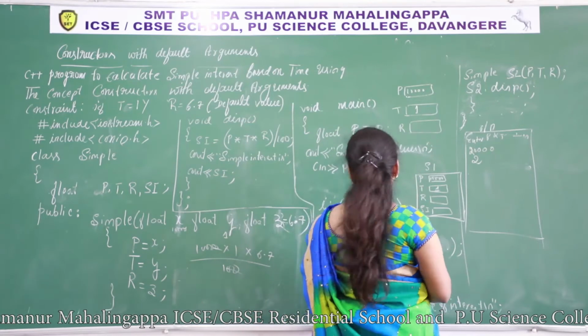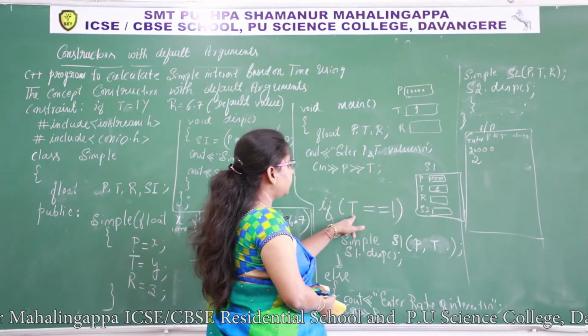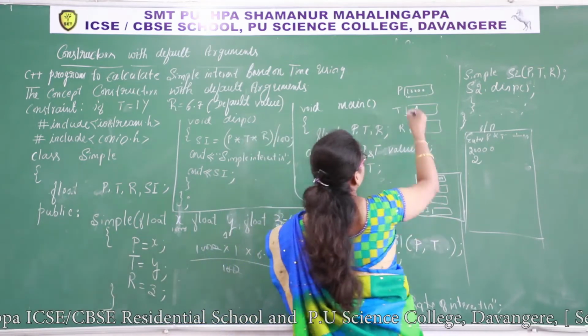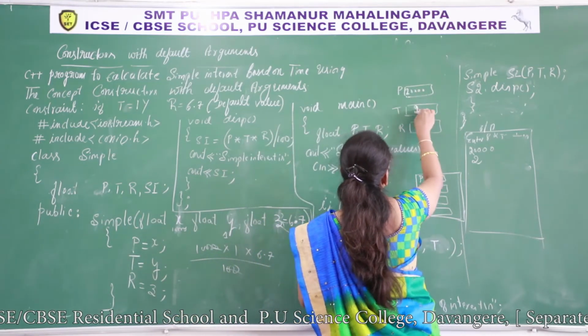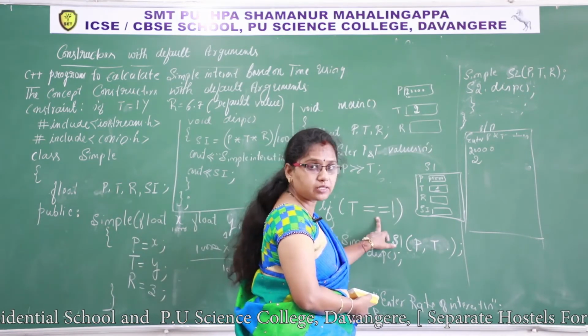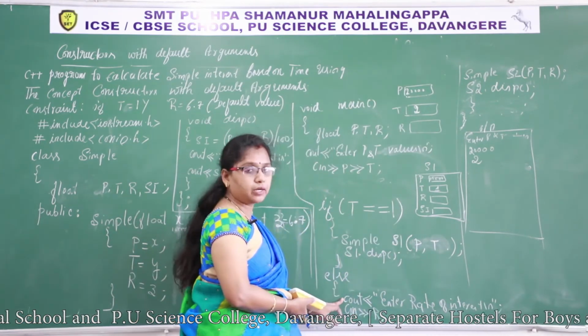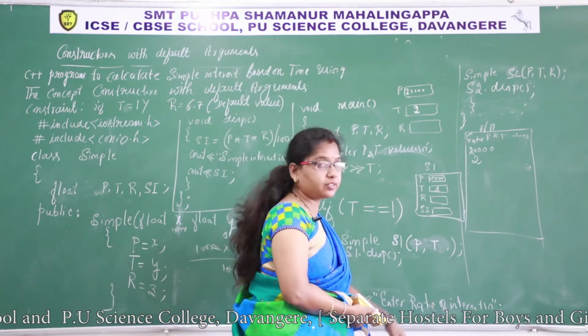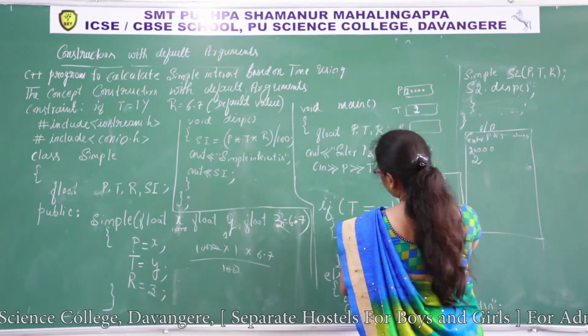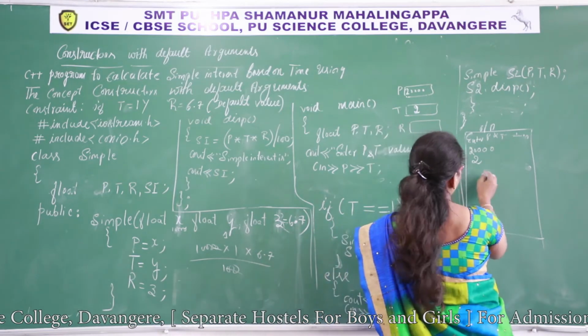Now p is 20,000 and t is 2 years. The condition is not satisfied here, so it goes to the else part, enter rate of interest. Now it asks rate of interest because it does not satisfy the condition.